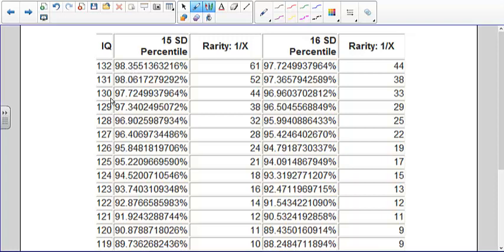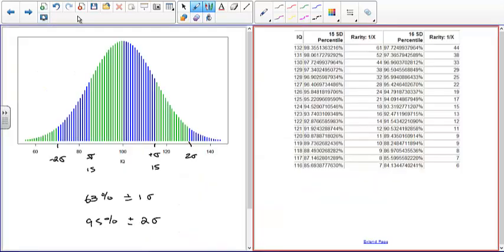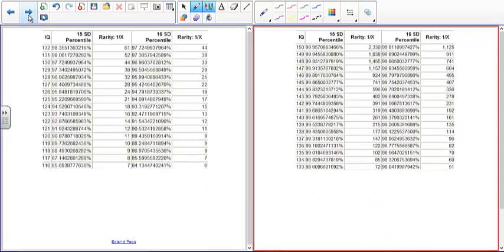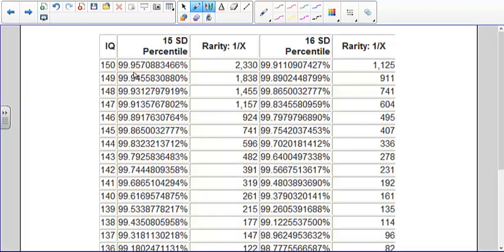If you have an IQ of 130, you have an IQ higher than 97.72%. And then you come over here to the really high values. So an IQ of 150, you have an IQ greater than 99.96% of the population.